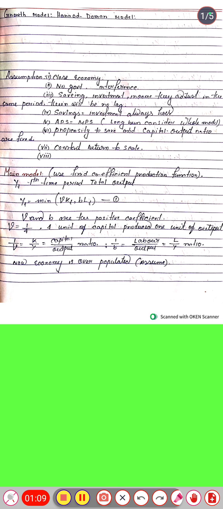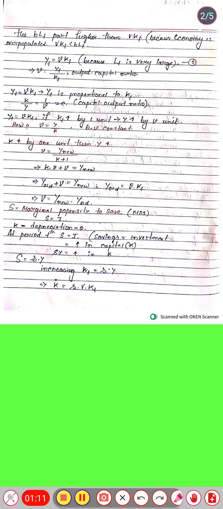Now the economy is overpopulated. This is an assumption. The bLt part is higher than vKt because the economy is overpopulated. vKt is less than bLt. Yt is equal to vKt because Lt is very large. So b is equal to Yt divided by Kt, the output capital ratio.